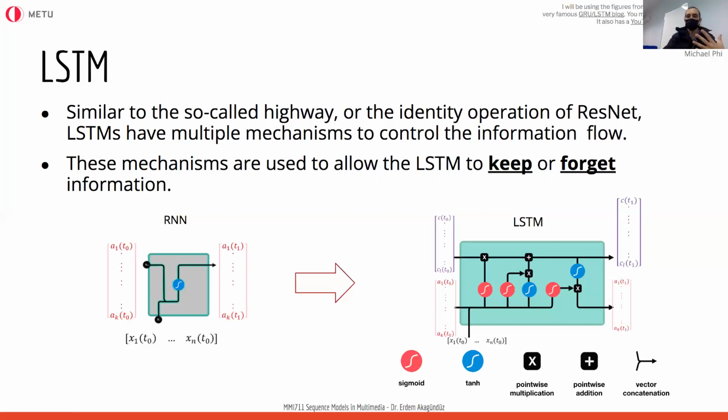Those solid ideas will be the separate gates we are going to see inside the LSTM. We are going to call them different gates like forget gate and reset gate. And those mechanisms are actually intended to make the LSTM keep information or forget information.